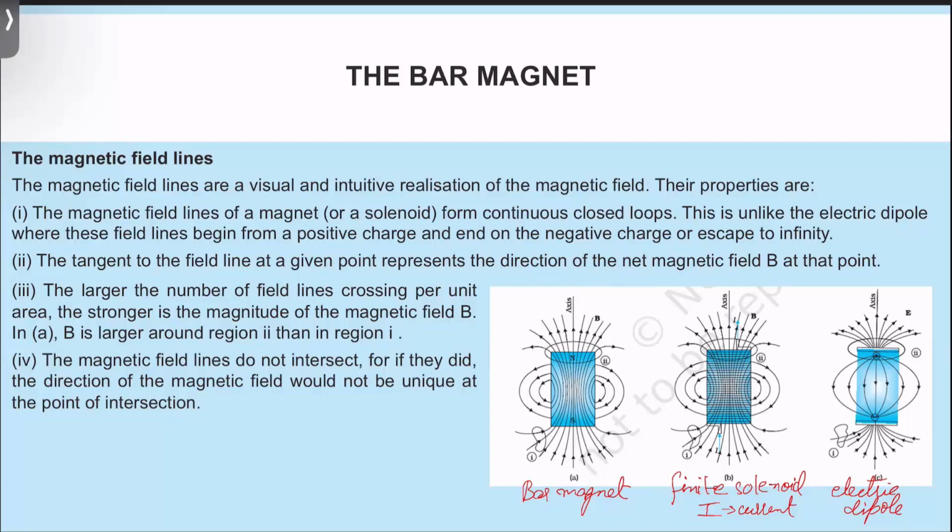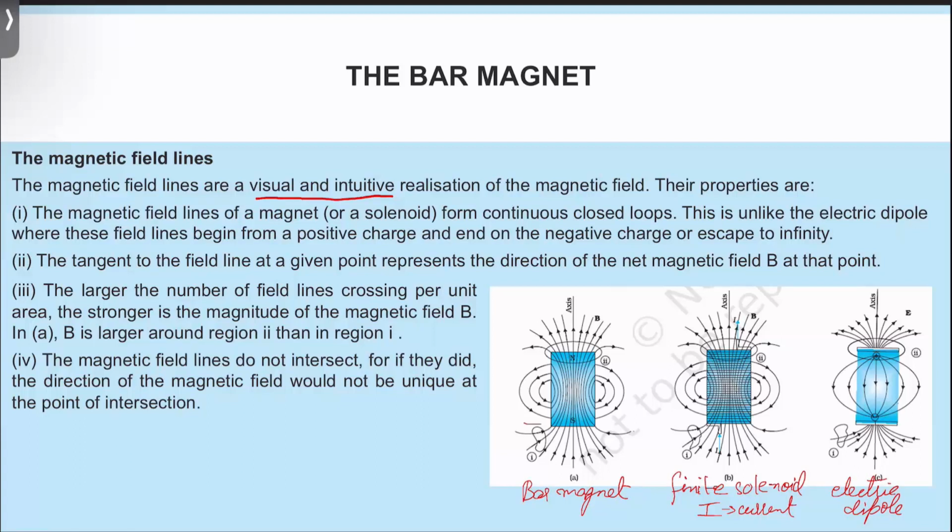You cannot see them in reality, but this is how people have deduced that they must exist. Some of the important properties associated with the magnetic field lines of a bar magnet, or of solenoids too, is that they form closed loops.